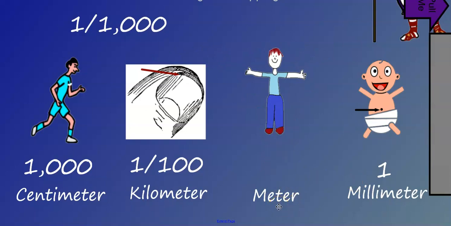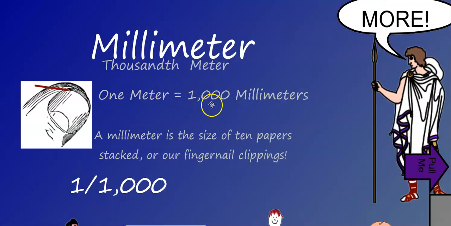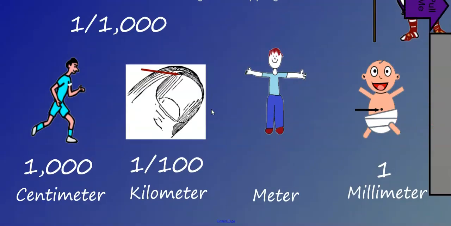Then we have this right here. What is that? So small, remember? You need 1,000 of them for 1 meter.